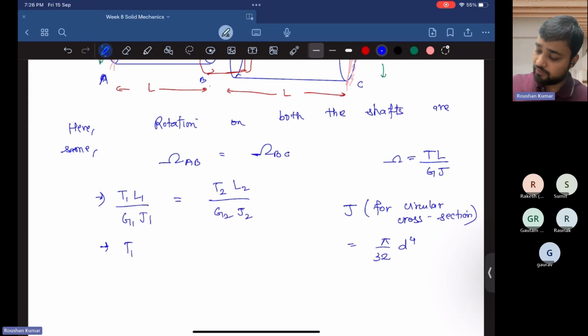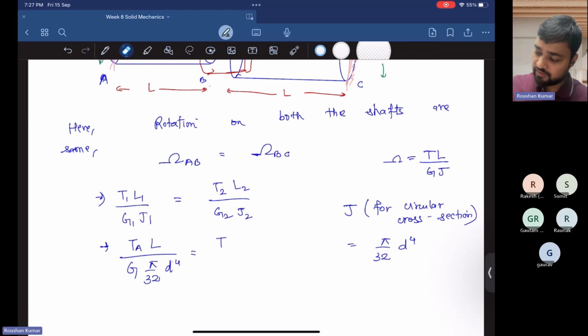Here T1 is TA, L1 is L, G1 is G, since both shafts are made of the same material, and J1 is pi by 32 d to the power 4. T2 is TC, L2 is L, G2 is G, and J2 is pi by 32 (2d) to the power 4.